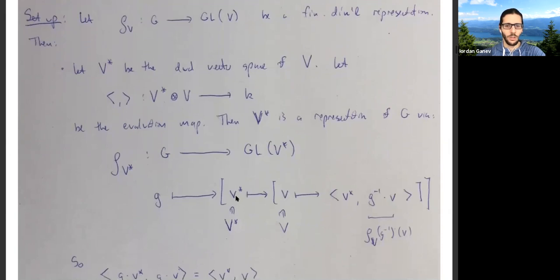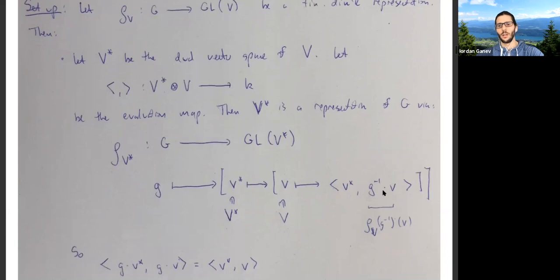So little g takes an element of the dual, a linear functional on V, to a new linear functional that takes a vector in V to the thing we get when we first translate V by g inverse and then evaluate that translate at V dual.